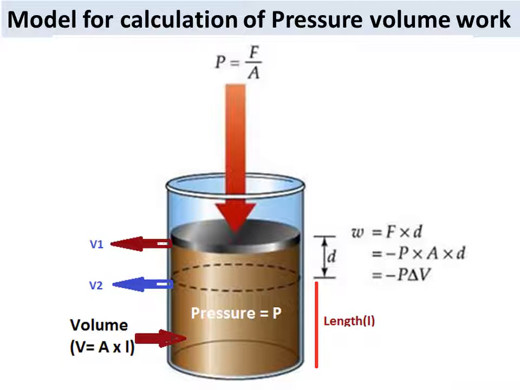Force can be written as pressure into area. So our equation becomes P into A into d. P is our pressure, and A multiplied by d, as we have discussed, is the change in volume. So P delta V. Now let us derive.